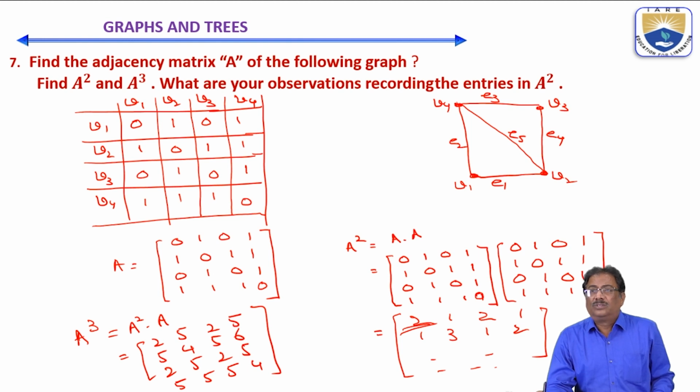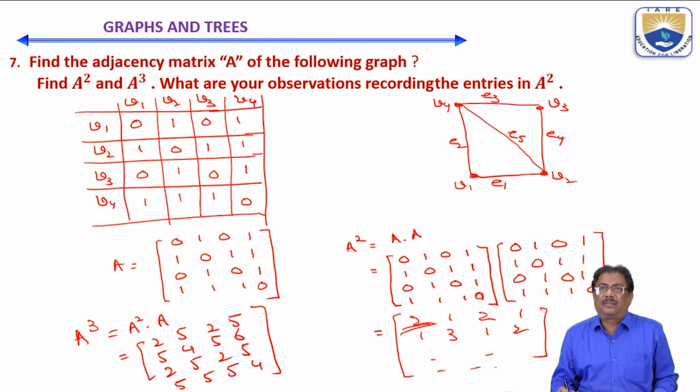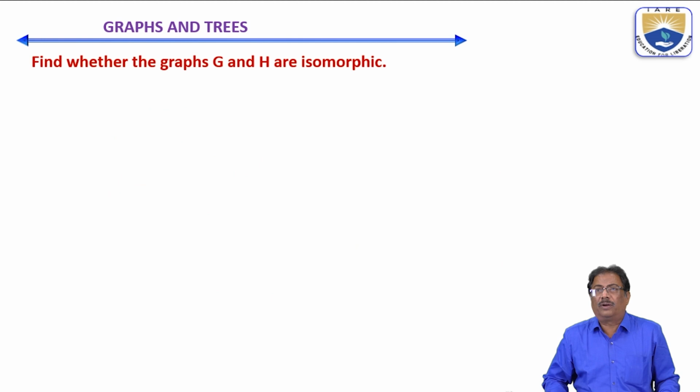Then we consider whether there is a path from V1 to V2, and like that, the path lengths are found from A square and A cube.